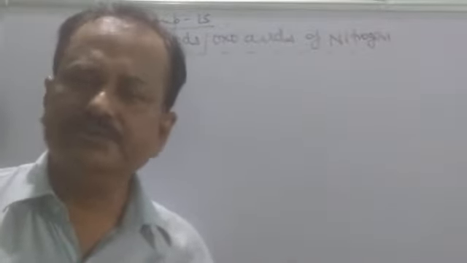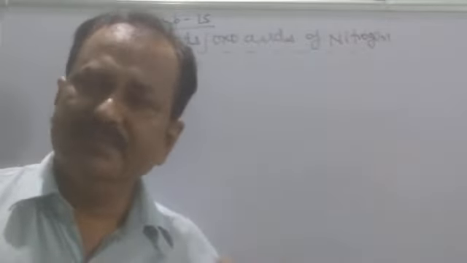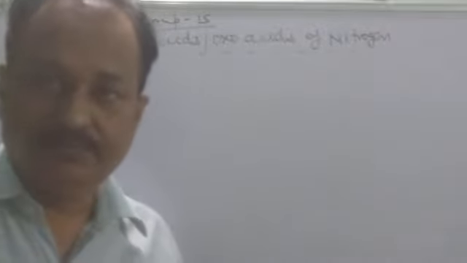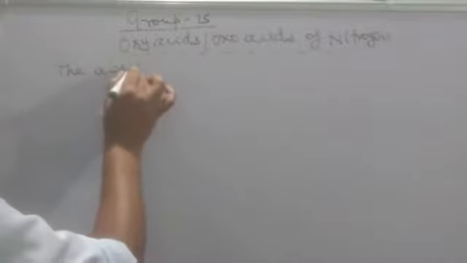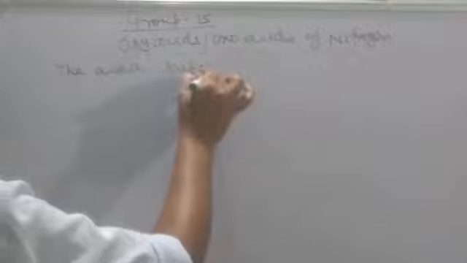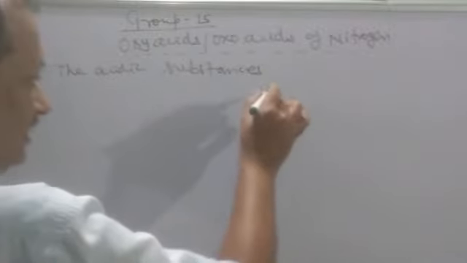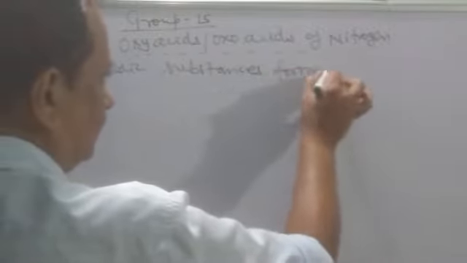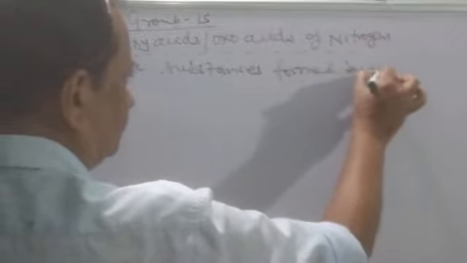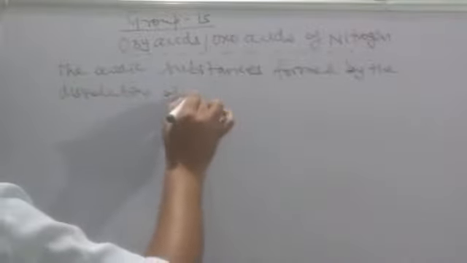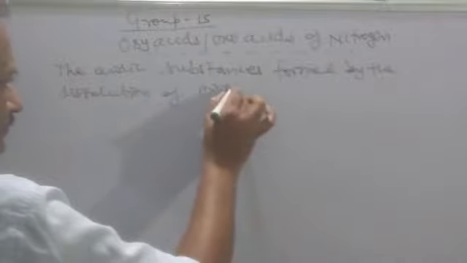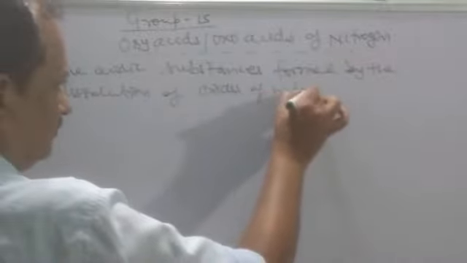Oxyacids of nitrogen. So it's very simple. Oxo means there is presence of an OH group, and so oxoacids are acidic substances, acidic in nature, formed by the dissolution of oxides of nitrogen.